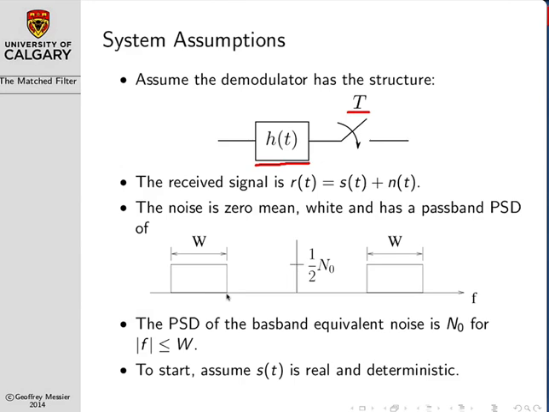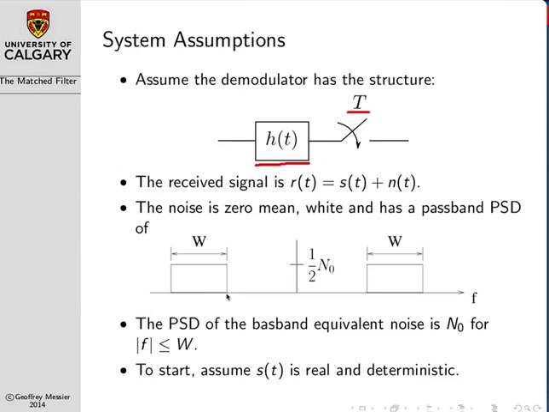Like we were saying, this is not a Nyquist sampler. It samples once every symbol interval, and the contents of this sample should contain the necessary information for the detector to make its decision on which bits were being transmitted. Now, one thing I should mention is that this continuous time notation is a little bit old-fashioned.